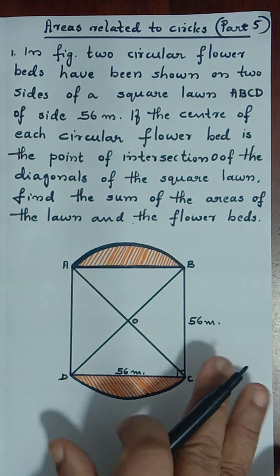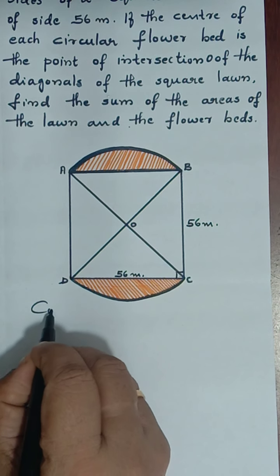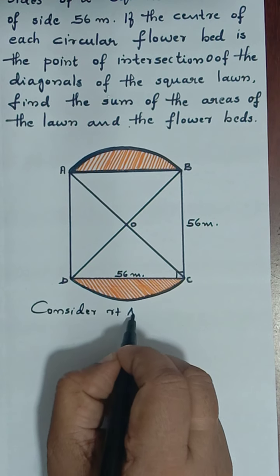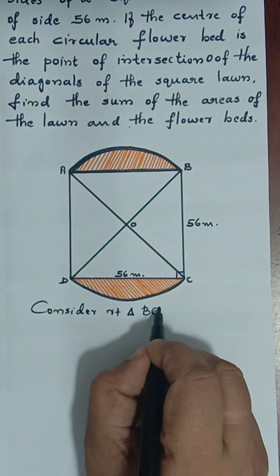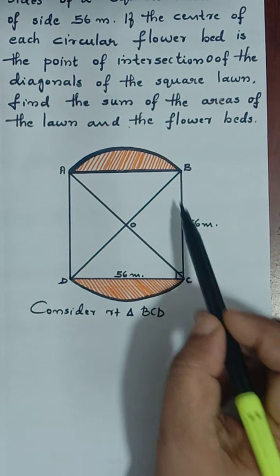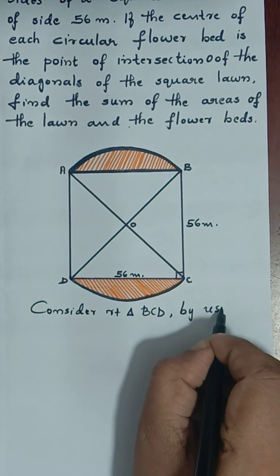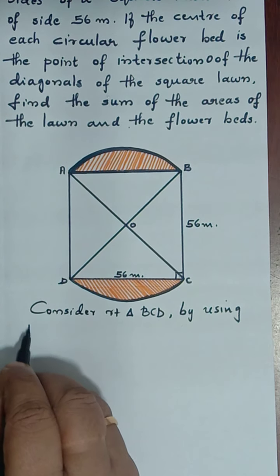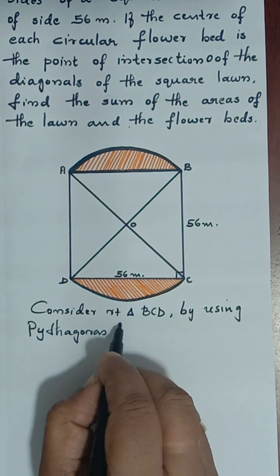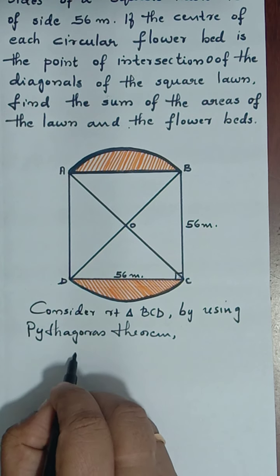So let us see how to do that. Consider the steps. Consider right triangle BCD, using the Pythagoras theorem. What is the Pythagoras theorem?